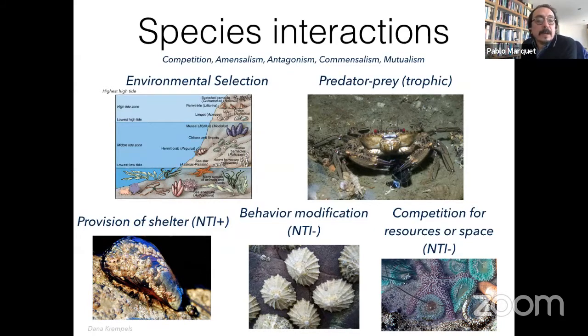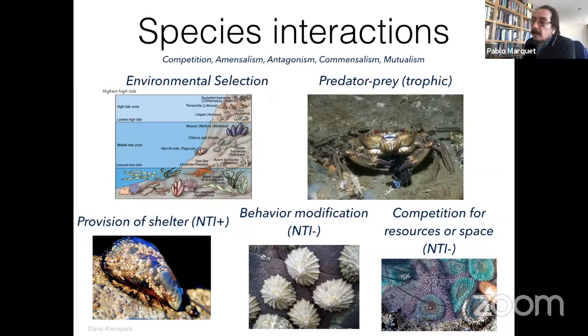In addition to that, you have environmental gradients through space. So I'm putting here a picture of the intertidal because that's where part of my talk will be focused. The intertidal, basically, you can divide in three main regions, going from the bottom up: the subtidal, which is the area that is always covered by water.